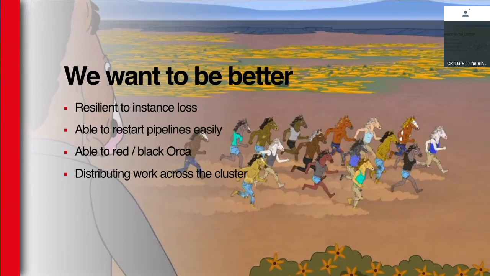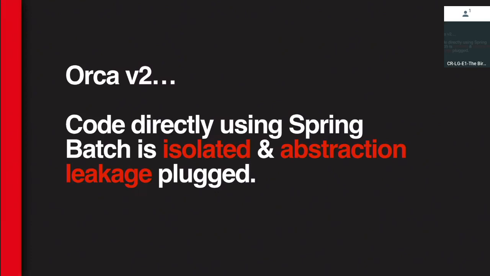So the first step in this that took quite a long time was moving Orca from V1 to V2. If any of you have dug into the JSON of a pipeline execution, you may have seen an execution engine flag. Another problem we had was that the Spring Batch concept had kind of leaked out of the abstraction of pipelines.